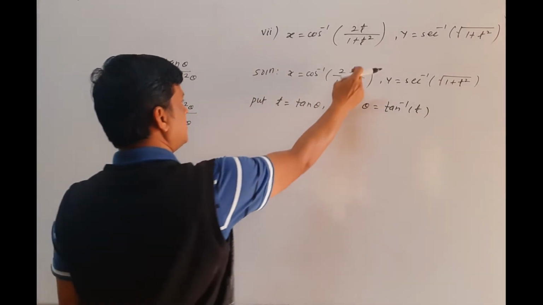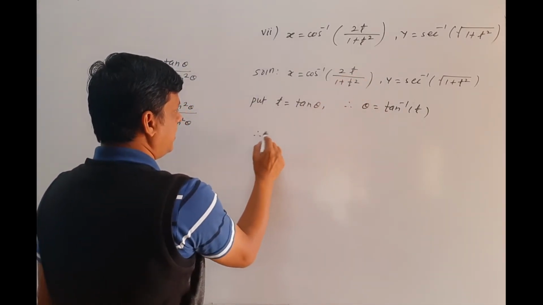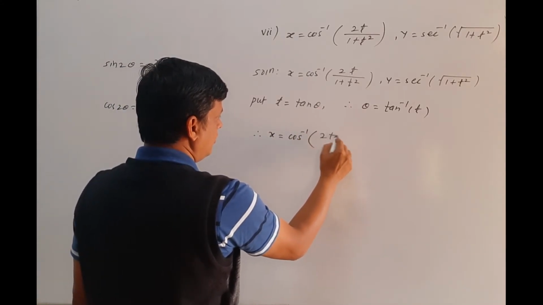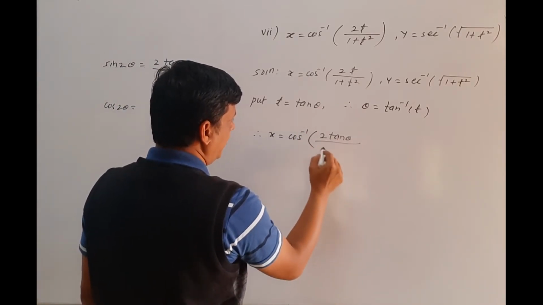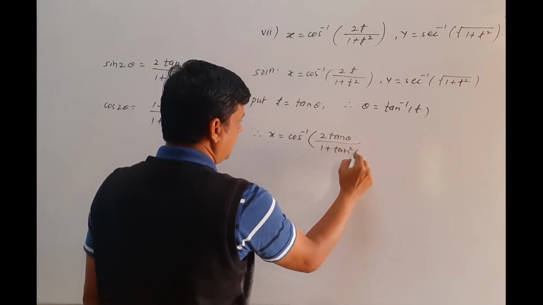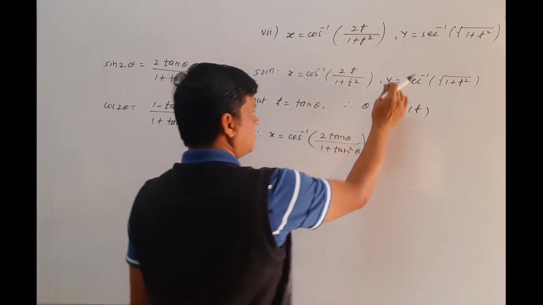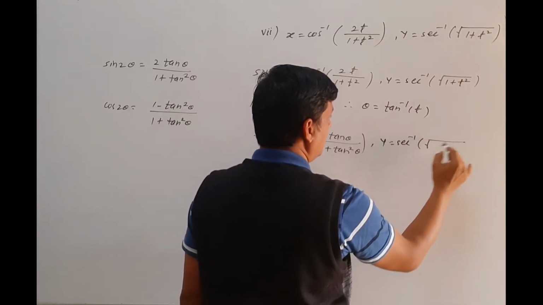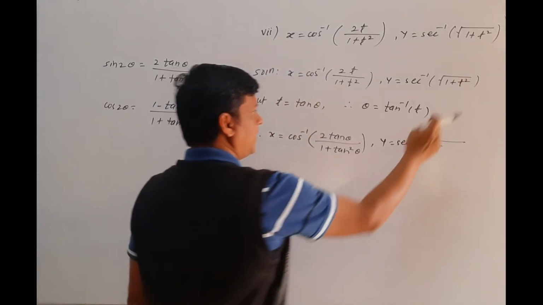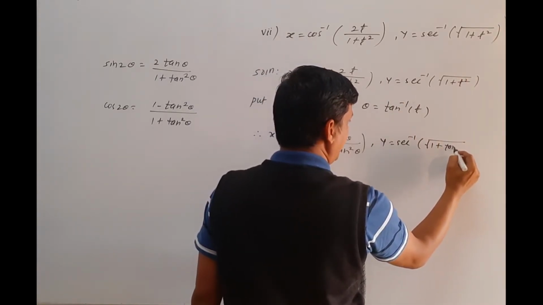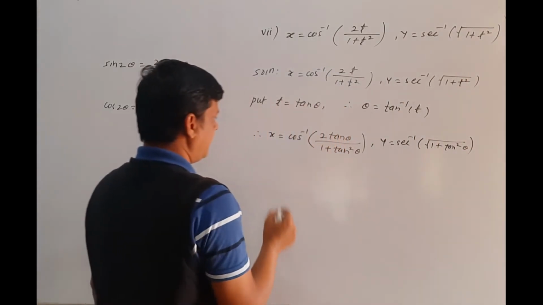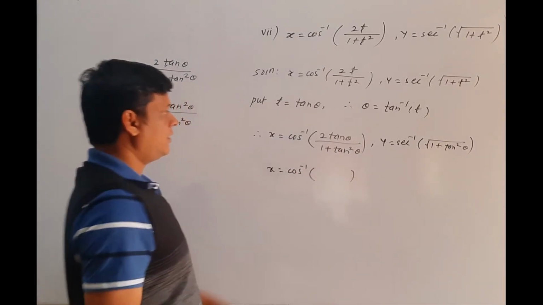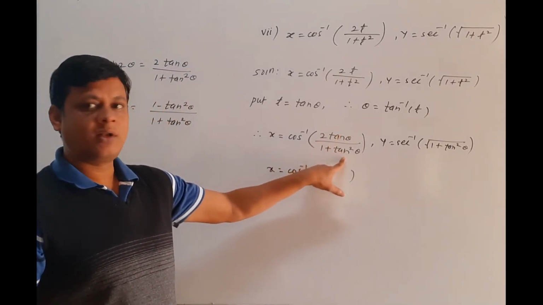Now when we replace this t by tan theta, we write x is equal to cos inverse of 2 tan theta upon 1 plus tan square theta, and y equals sec inverse of in bracket 1 plus tan square theta.